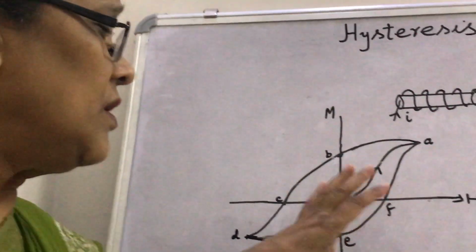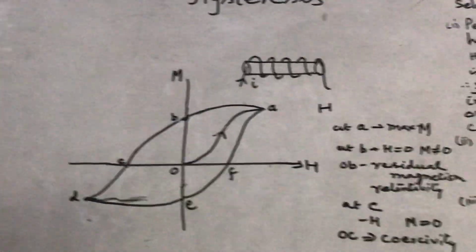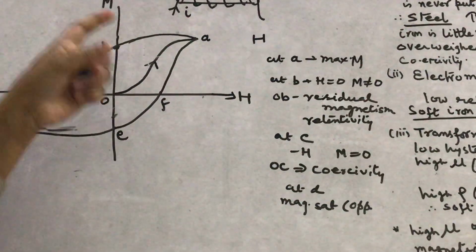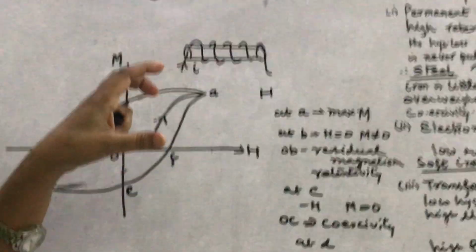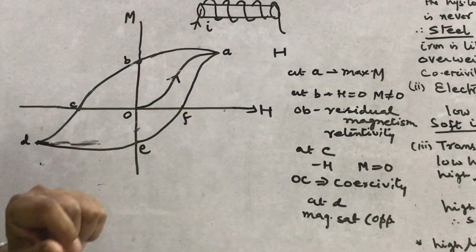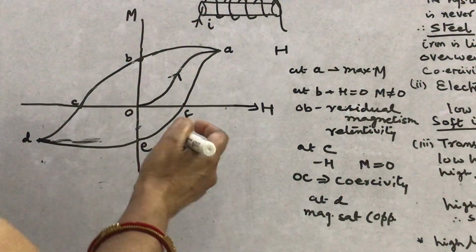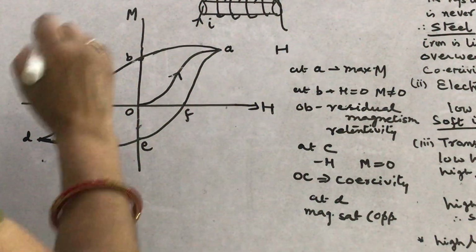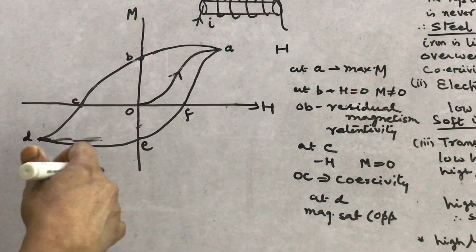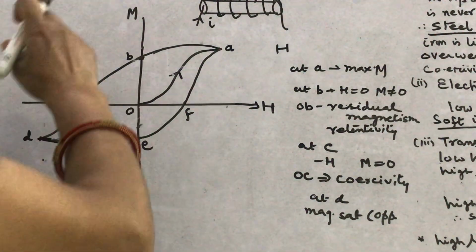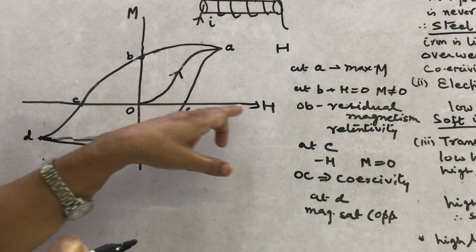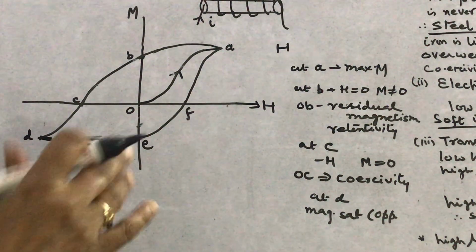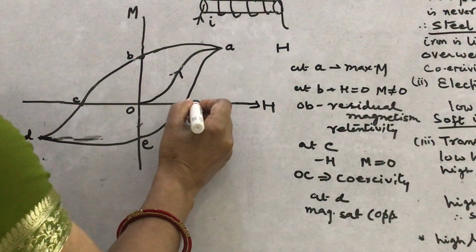Now, what is the relation of M and H, or you can say the magnetic susceptibility of ferromagnetic substances and H? For one value of H, you can't say that one value of M is fixed. There is no unique value of M for any unique value of H. How? Let us take some point here.